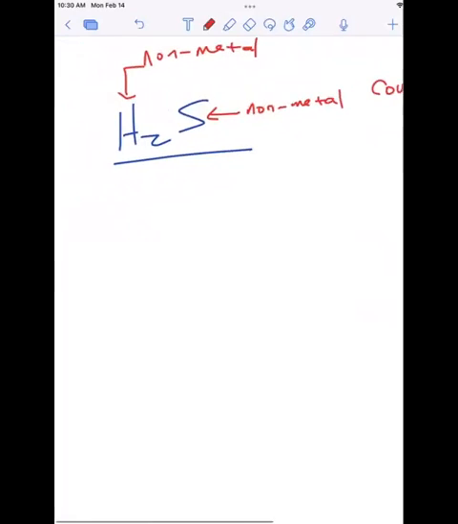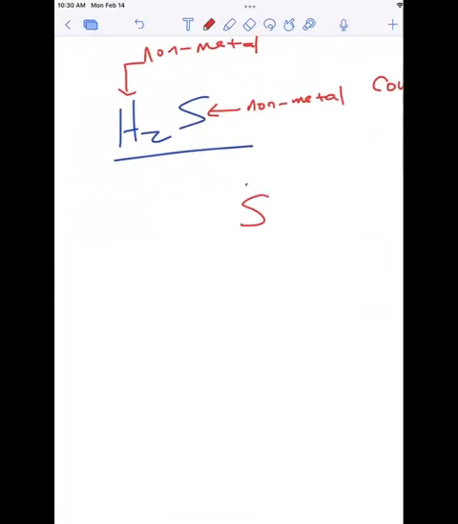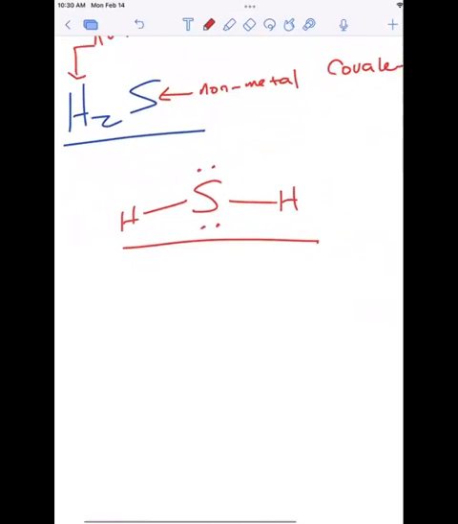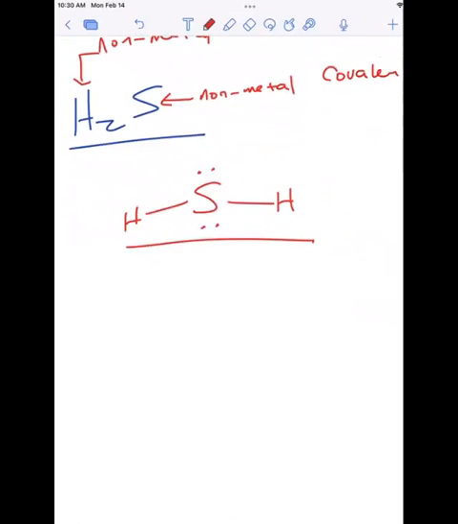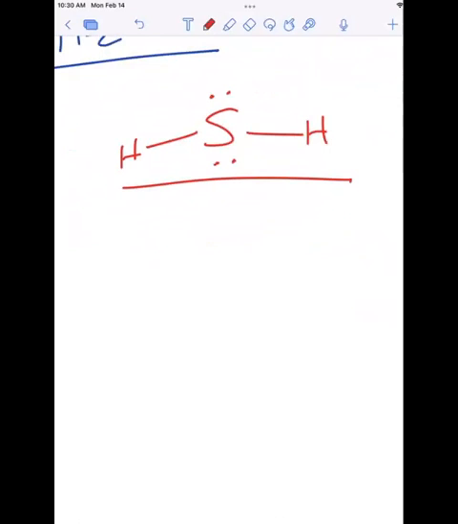It actually looks like this, where you have sulfur with a bond to hydrogen on each side. This is actually a water analog. Water is H2O, and H2S is like a sulfur analog of water. It's not drinkable, but it has the same structure as water. So you have two hydrogens, so we're going to use the Greek prefix di, not bi.